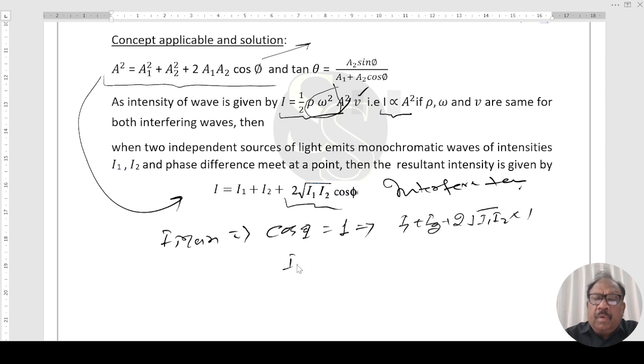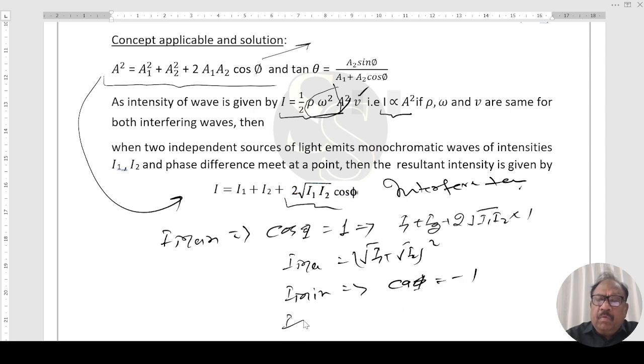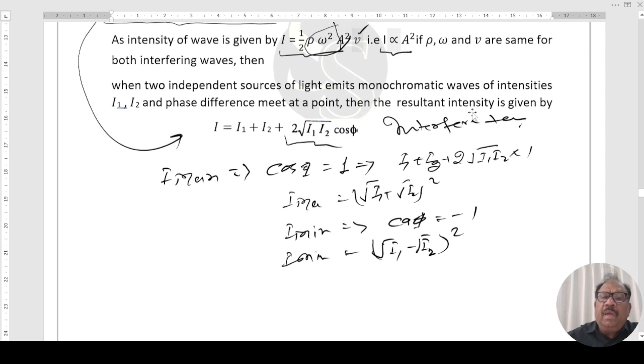That comes out to be I maximum equal to root I1 plus root I2 whole square. Similarly, cos phi equal to minus 1, and I minimum will be equal to root I1 minus root I2 whole square.